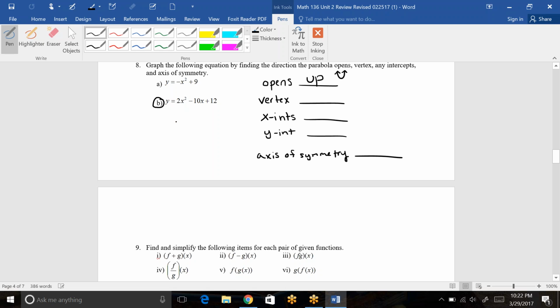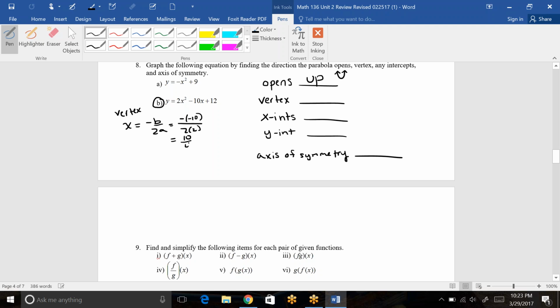The vertex, remember, there are multiple ways to find the vertex. You could go to transforming it to vertex form, but we said for graphing purposes, it's easier to do the x equals negative b over 2a. So that's how we find our vertex. So this would be negative 10 over 2 times a, which is 2.